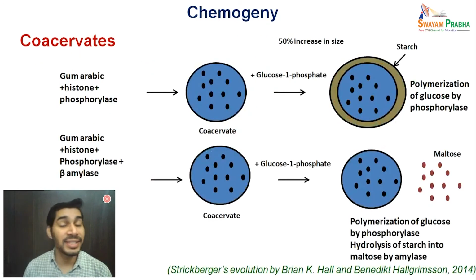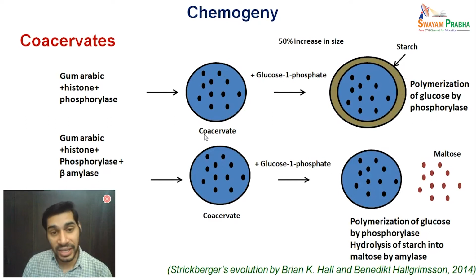And as I just discussed, Oparin could successfully incorporate various enzymes also in these coacervates, which could perform various functions. For example, if you take a mixture of gum arabic plus histone plus the phosphorylase enzyme, the coacervate, the colloidal particle which forms, if you incorporate glucose 1-phosphate also in that, because of this phosphorylase enzyme, there is a polymerization of glucose that takes place, because of which you can see a starch accumulation here.